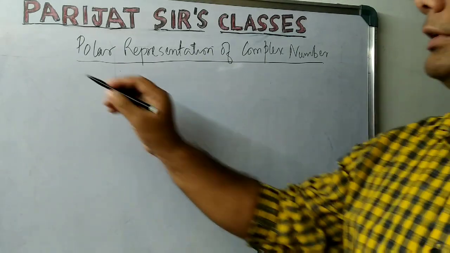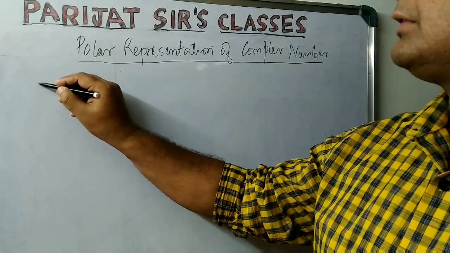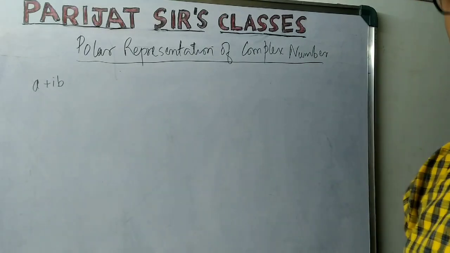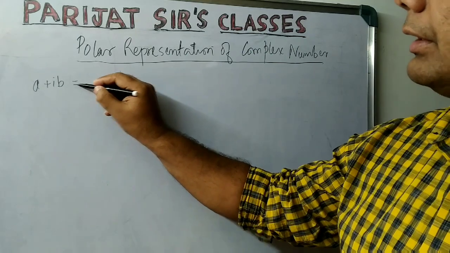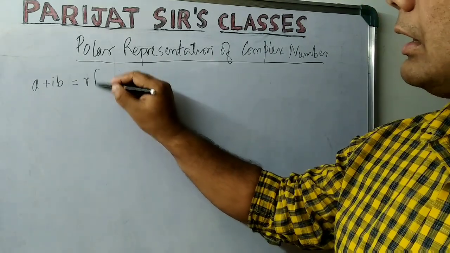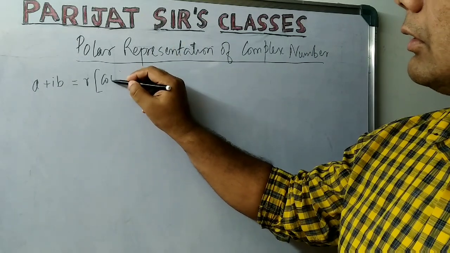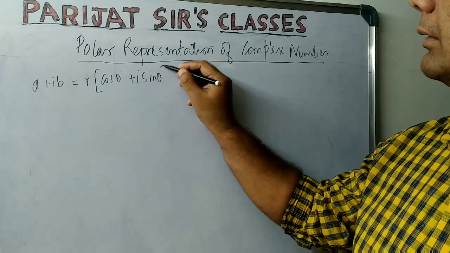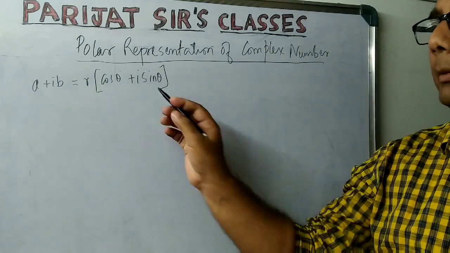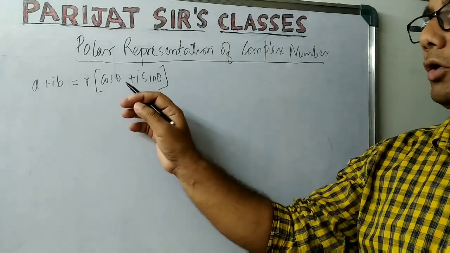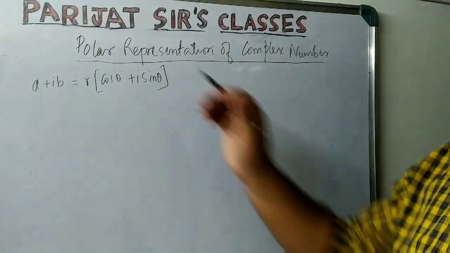So what is polar representation of complex number? For example, if a complex number is written as a plus ib, how to represent it in the polar form? The polar form representation is r cos theta plus i sin theta.